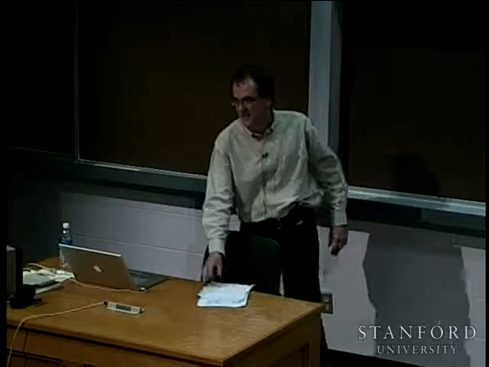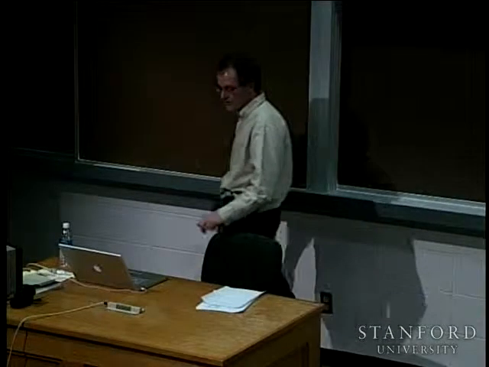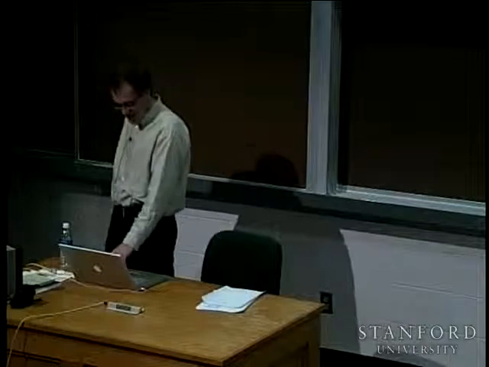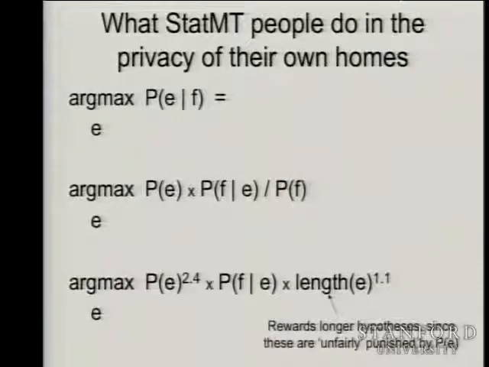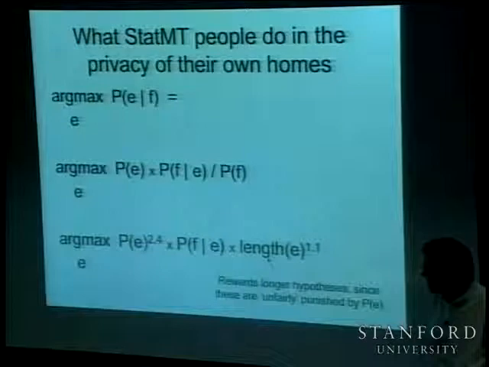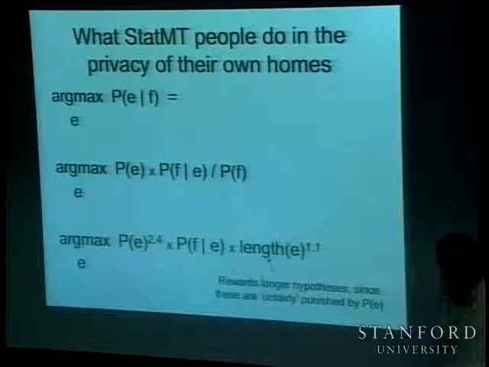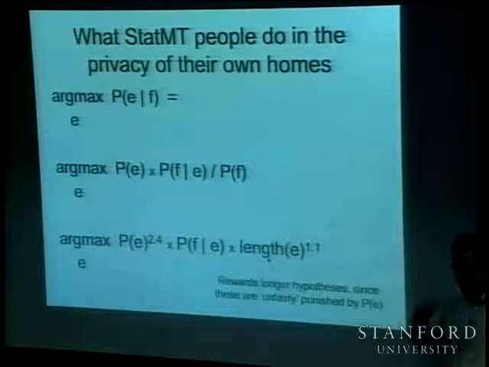That means I'm now actually paying more attention to differences in language model score. So that's a little parameter you can put in and improve the quality of your translation output. If you start thinking along these lines, well, maybe I can put in other factors that will improve the quality of my translation output.